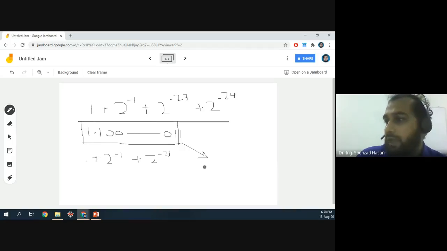So this number would then become 1 plus 2 raised to the power minus 1 plus 2 raised to the power minus 22, right? So that was 23, it now becomes 22, because for the rounding we put one more number over here, add one more to this, and then this becomes 1 0, which means 2 raised to minus 22.